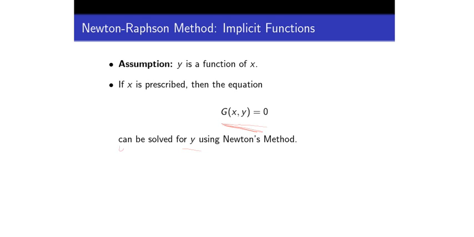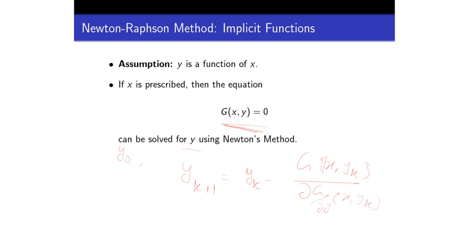to start with y naught, and y_{k+1} is y_k minus g of x comma y_k divided by the g derivative. So here you have to have the partial derivative, ∂g/∂y, at x comma y_k.